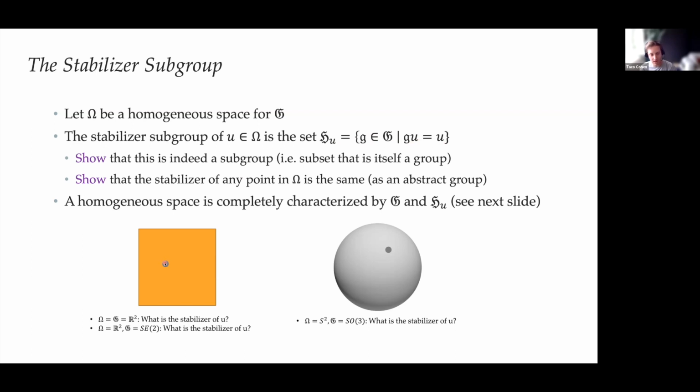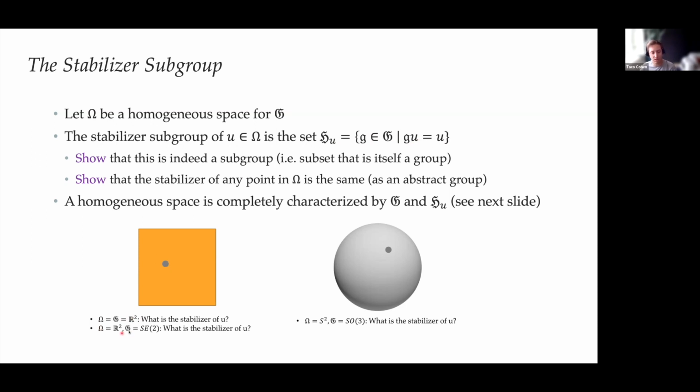So let's look at examples. Here we have the plane, and if we take our group G to be the translation group R2, then it has a trivial stabilizer, because any translation that we apply, except for the identity, will move this point away. And so only the identity transformation, that's a one element group, a trivial group, leaves this point invariant.